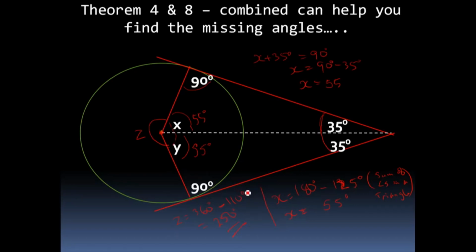And what's the reason for this? You want to state the reason. I don't have enough space here, so you state the reason as angles at a point sum to 360 degrees. So that was a nice practice question.